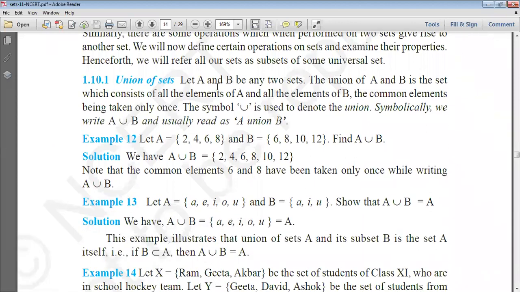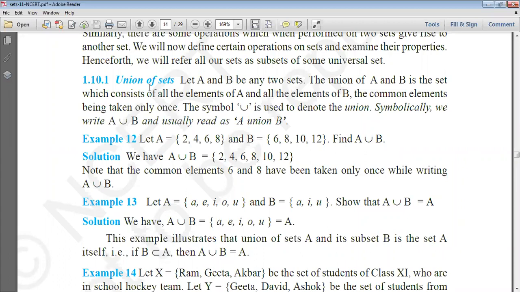Union of sets: the literal meaning of union, you can understand, is merge, unitedness. So if two sets are there, and if we collect all the elements from both the sets, then we will have a new set, and that new set will be the union of the two sets.